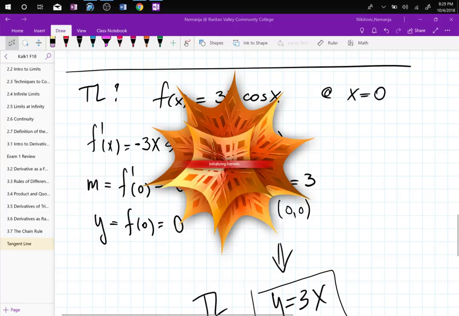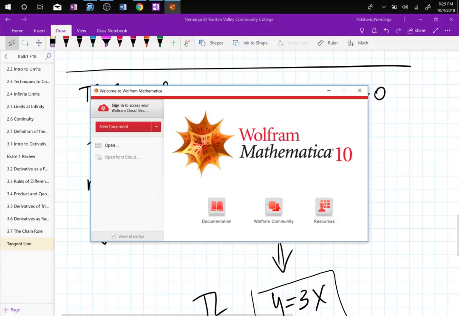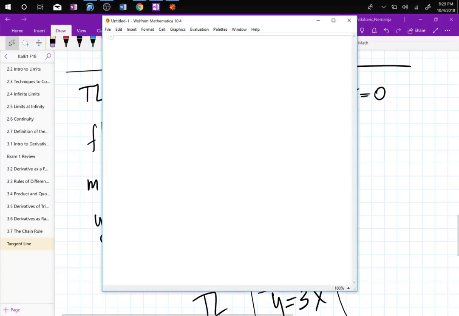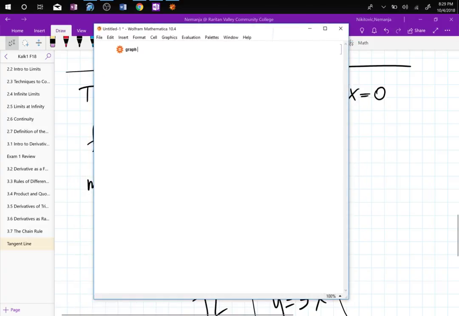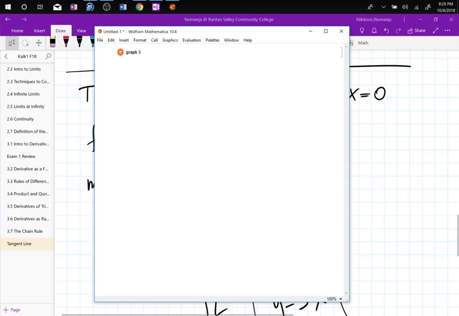I also want to see if it can do the tangent line from scratch. But I hope you all installed this. You push equal twice, graph, and now we have to plug in both of these. So 3x cosine x and 3x.